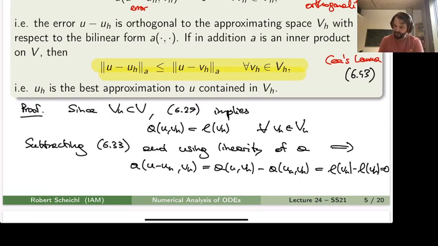So in particular, we have shown Galerkin orthogonality for all V_H in V_H.